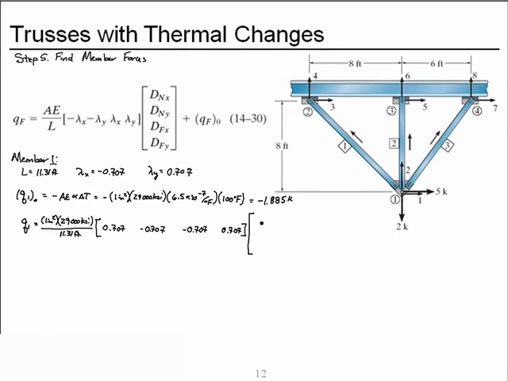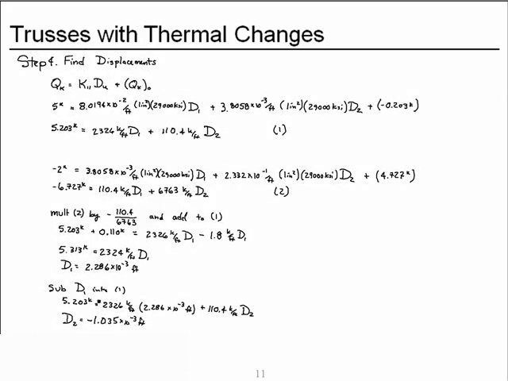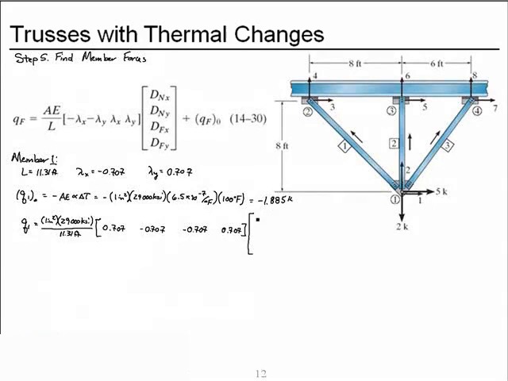And for 1 and 2, we found them here. But degrees of freedom 3 and 4 are constrained. They have 0 displacement. Then we add the fixed end force, which is this.